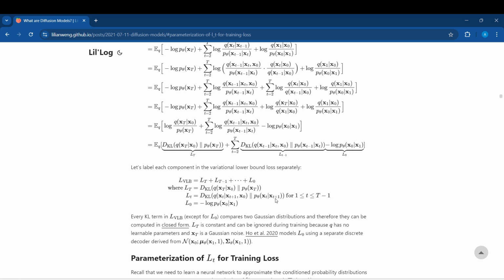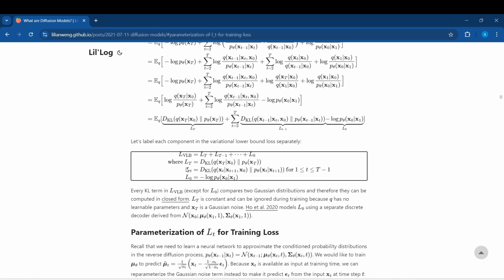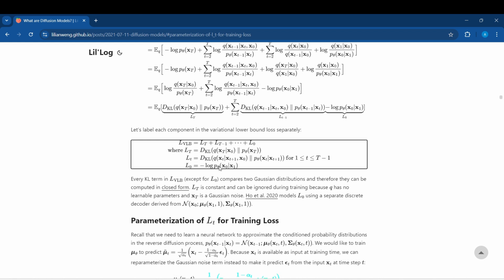And this is L_0, which is just the minus log p theta of x0 given x1. This is also a reconstruction loss, where we are giving the second last image and computing the reconstruction loss, and we don't care about this term as well. So we are just going to focus on L_t for making our training objective.